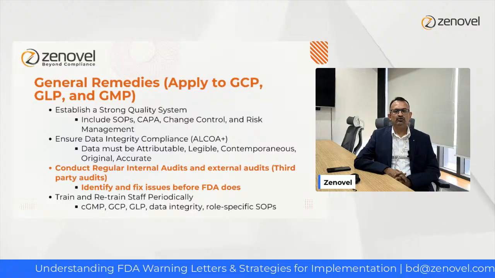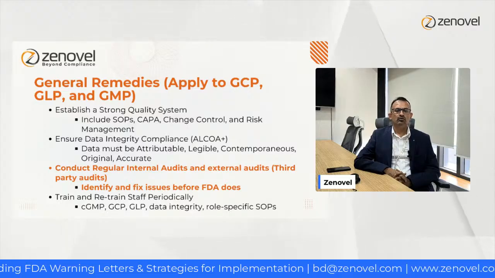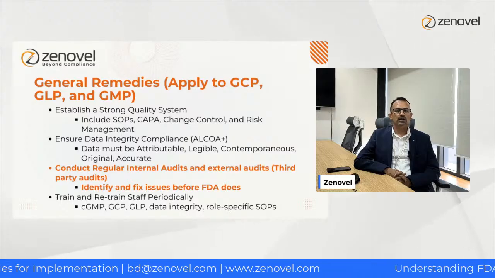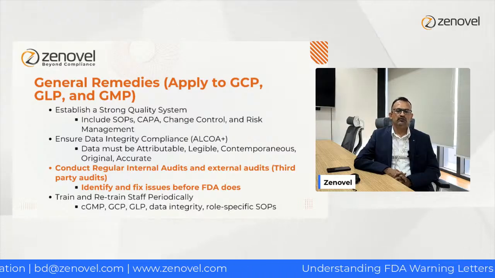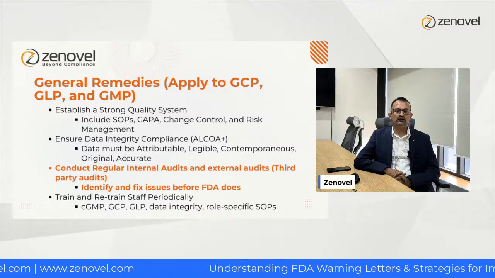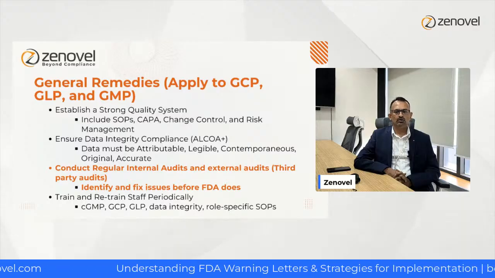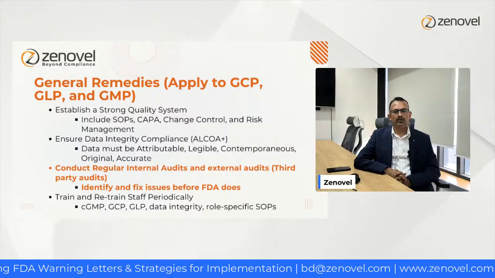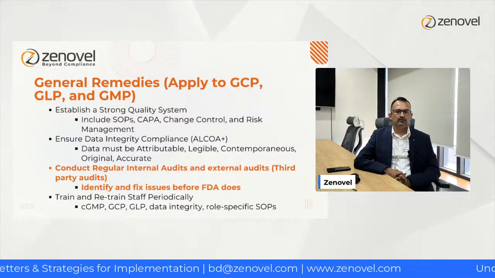The next is to ensure data integrity compliance. If the study staff follow the ALCOA principles, then our data will be correct data, and there is no small observation from the regulators on the documentation process.